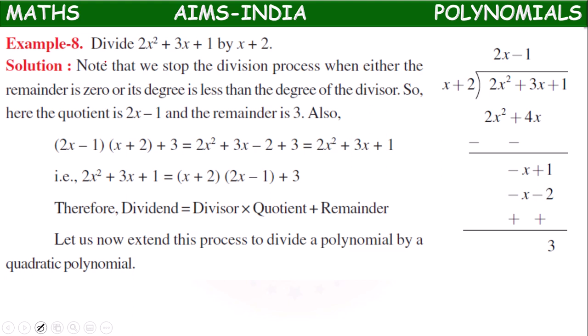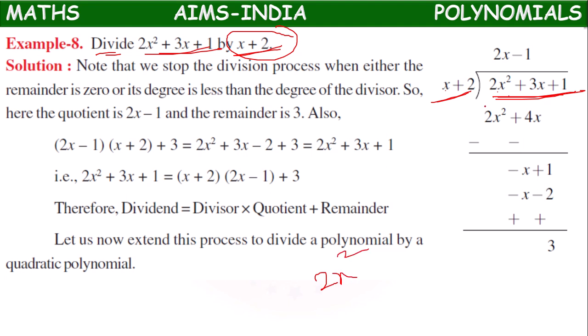Next one. Divide this polynomial by x plus 2. We have a quadratic polynomial here, and we have to divide it by x plus 2. The first term of the dividend is 2x square, the first term of the divisor is x. 2x square divided by x, we will get quotient 2x.